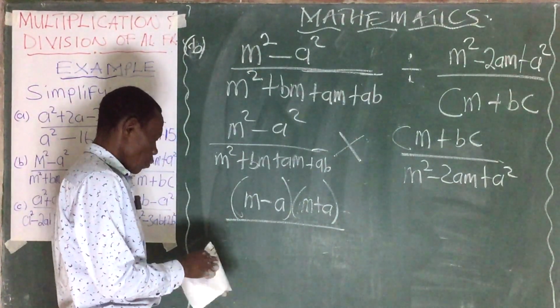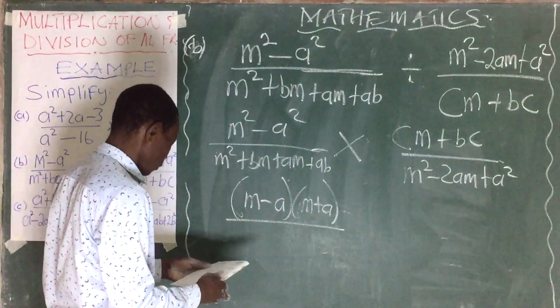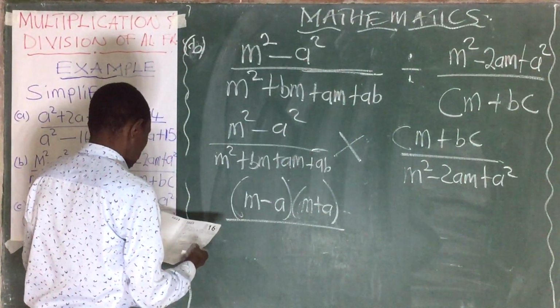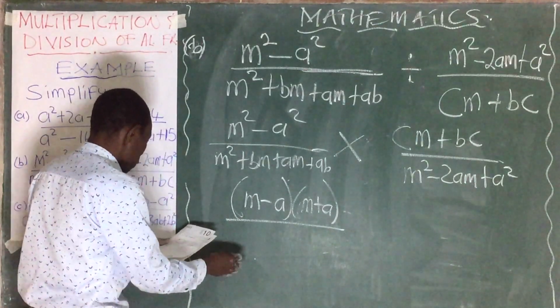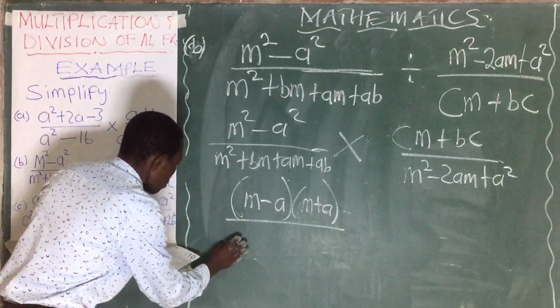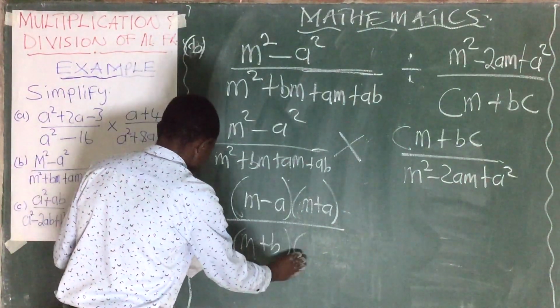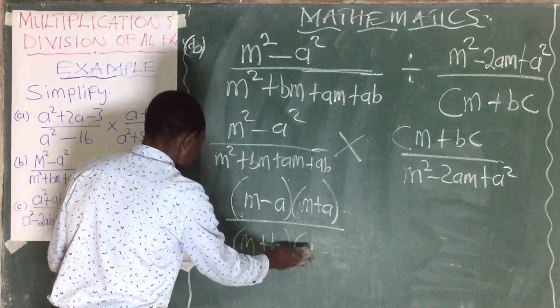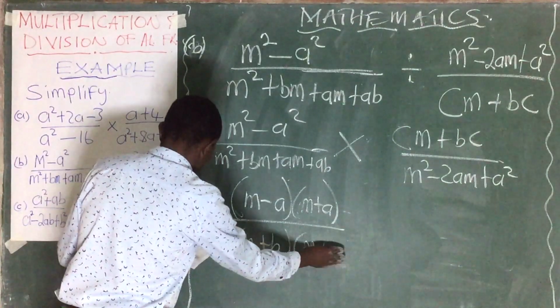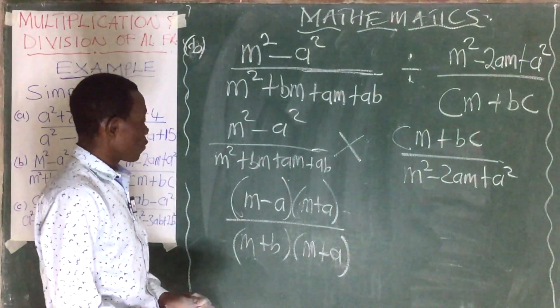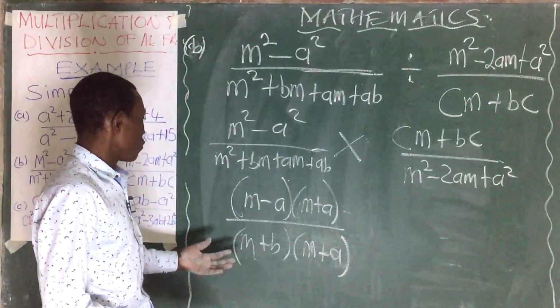Just to be brief here, we have factors like a, m plus b, and also a plus a. I think I already demonstrated how you do the factorization, gentlemen. We don't have to waste time.